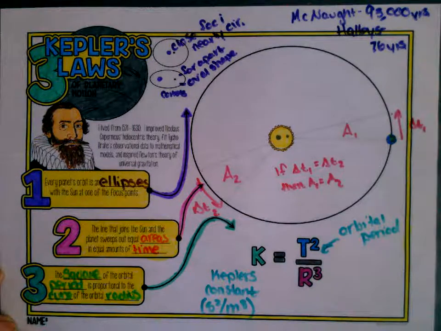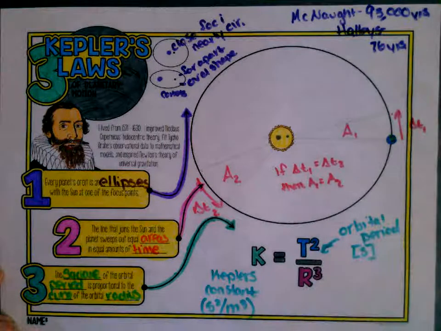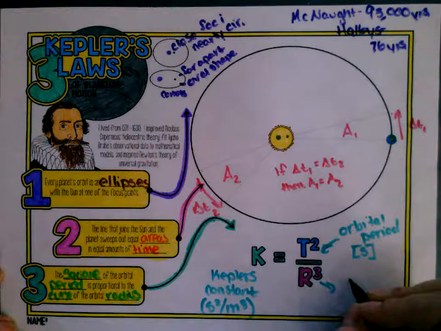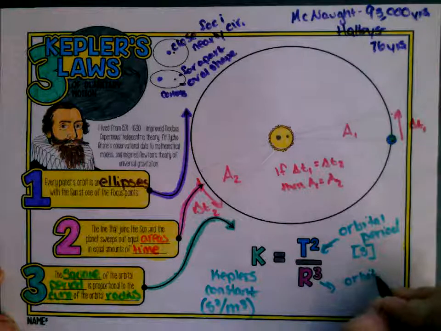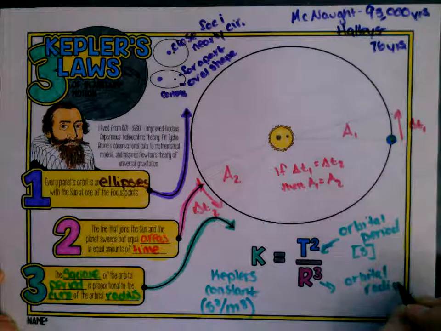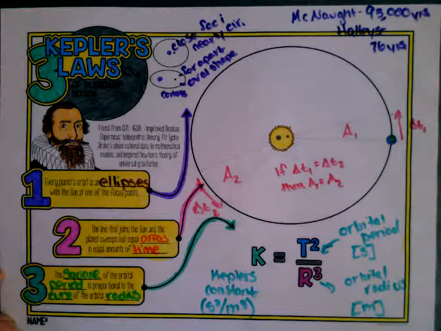How long does it take to get around one time? If we're measuring how long, we're going to measure that in seconds. R stands for our orbital radius, how far. If we're measuring how far, we're going to measure that in meters.